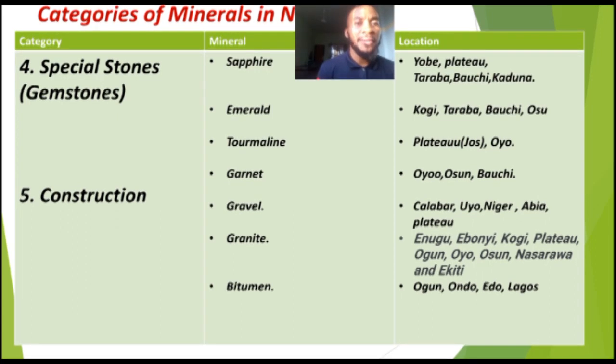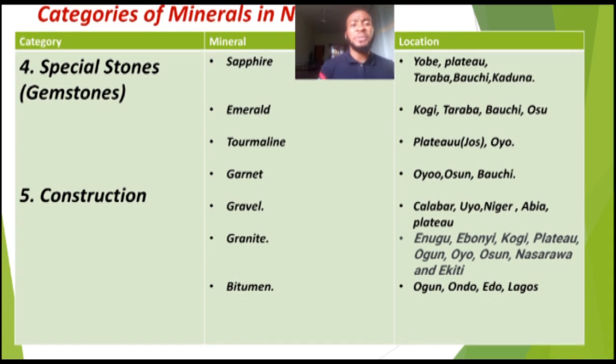Sapphire, you can see it in Yobe State, Plateau, Taraba, Bauchi, Kaduna. Emerald, you can get it in Kogi, Taraba, Bauchi, Osun State. Tourmaline, you can get it in Plateau, precisely in Jos. You can get it in Oyo. Garnet, you can get it in Oyo, Osun, Bauchi.